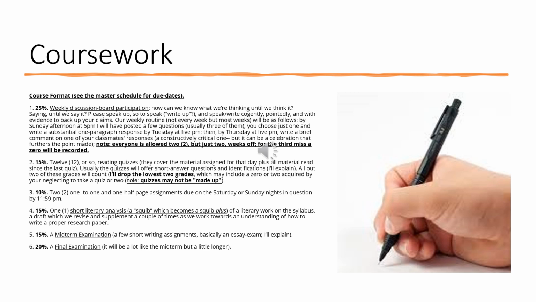For obvious reasons, you have to get the reading done for that week first. But routinely, by Sunday afternoon at 5 o'clock, you'll have all 3 questions posted, and you can choose just one of the 3. If you want to do more than one, that's fine, but you are asked to do just one, quality over quantity. Choose one and do a wonderful job on it rather than choose 2 and do a partial job on the 2.